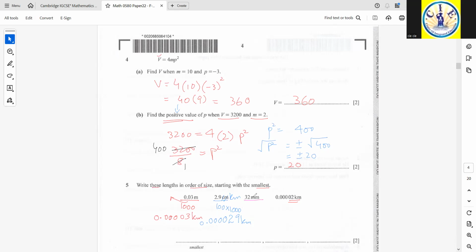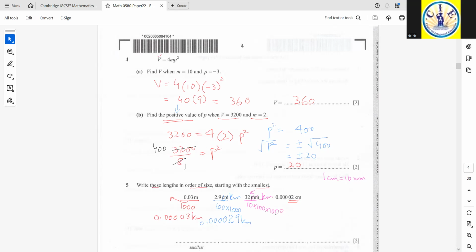Okay, now for this one, first of all, we know that 1 centimeter is equal to 10 millimeters. So when I divide it by 10, this will be converted into centimeters. Then dividing it by 100, that will convert it into meters. And then further dividing it by 1000, it will be converted into kilometers.